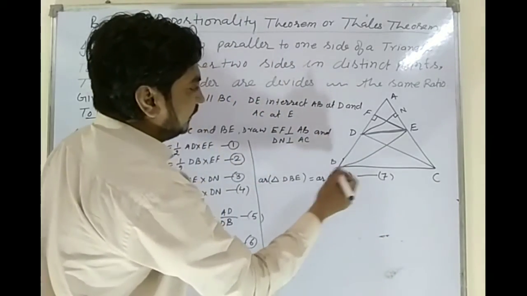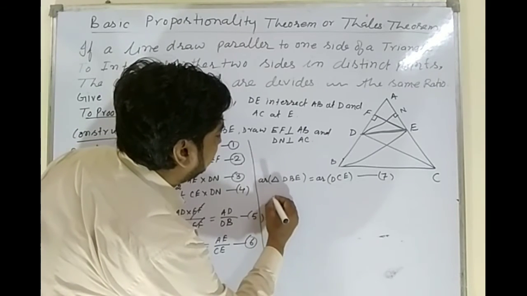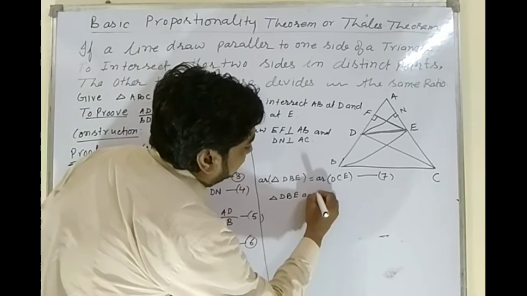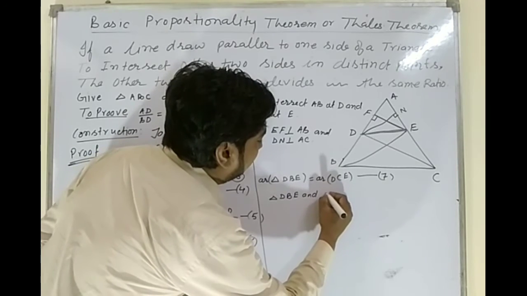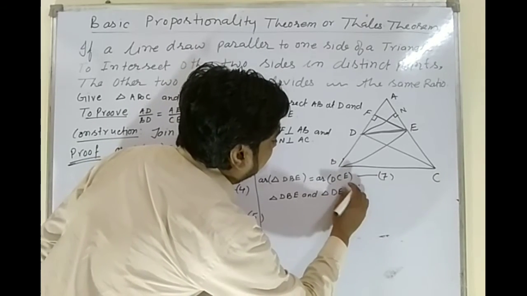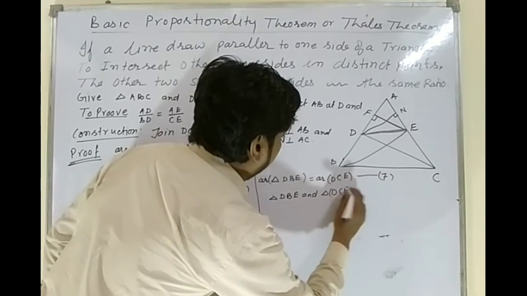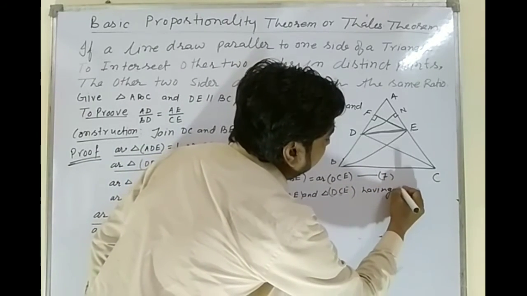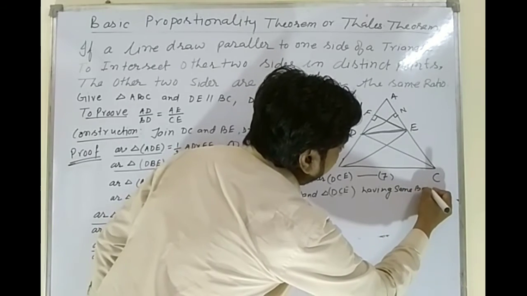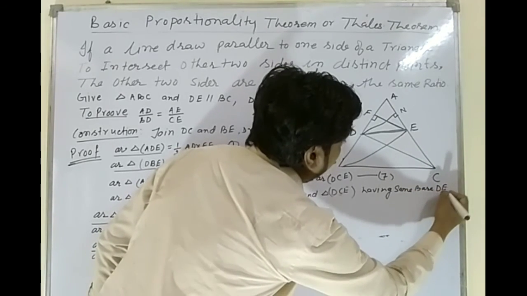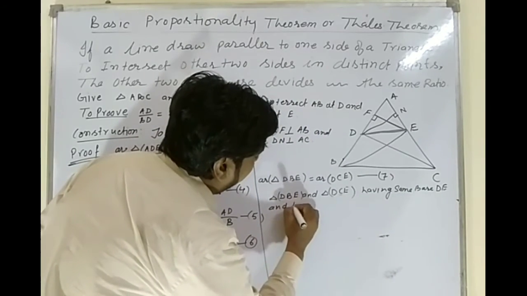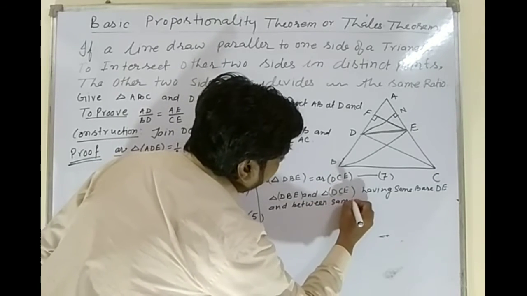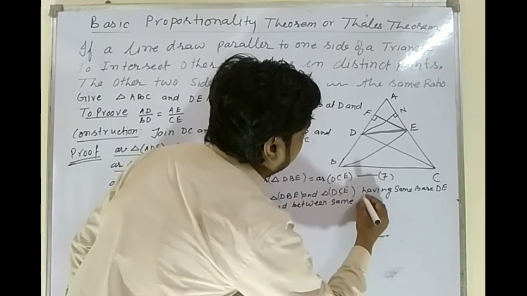Therefore we can say triangle DBE and triangle DCE have the same base DE and lie between the same parallels DE and BC.